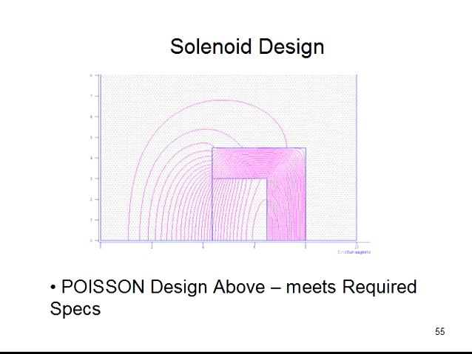Solenoid designs have also been done with Poisson, and they fully meet the required specifications of the ECOFusion system. In all cases, dipole, quadrupole, and solenoid, the designs are well within standard state-of-the-art for making such components.